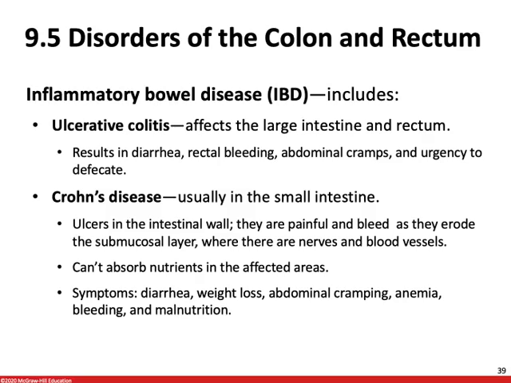Ulcers are forming in the intestinal wall. They can be very painful and they can bleed as they erode the submucosal layer where those nerves and blood vessels are found. In the case of Crohn's disease, you're not absorbing nutrients in the affected areas, and some of those symptoms can include diarrhea, weight loss, abdominal cramping, anemia, bleeding, and malnutrition.